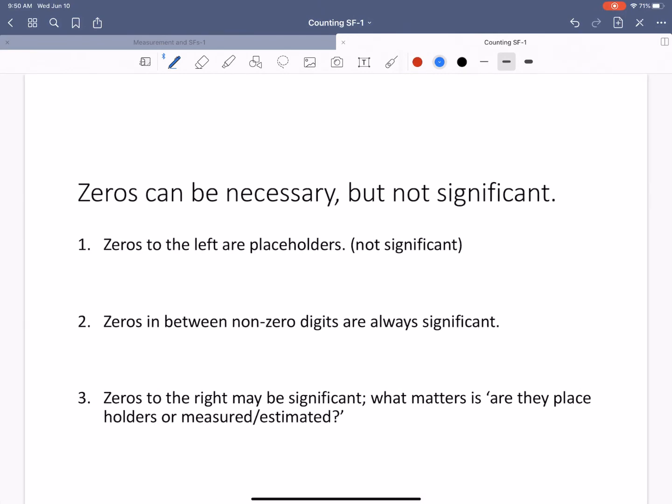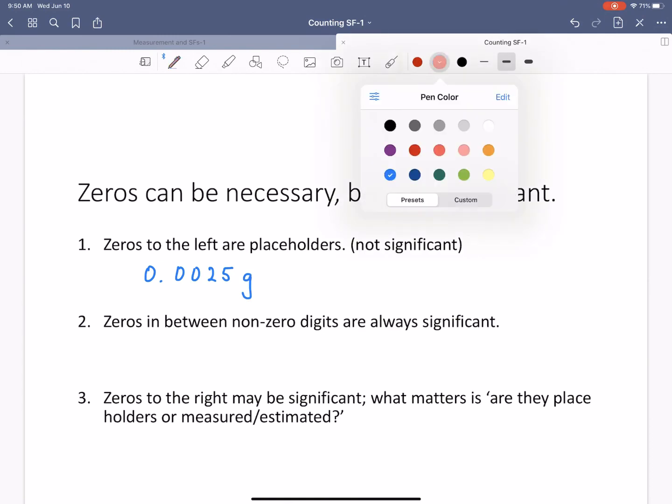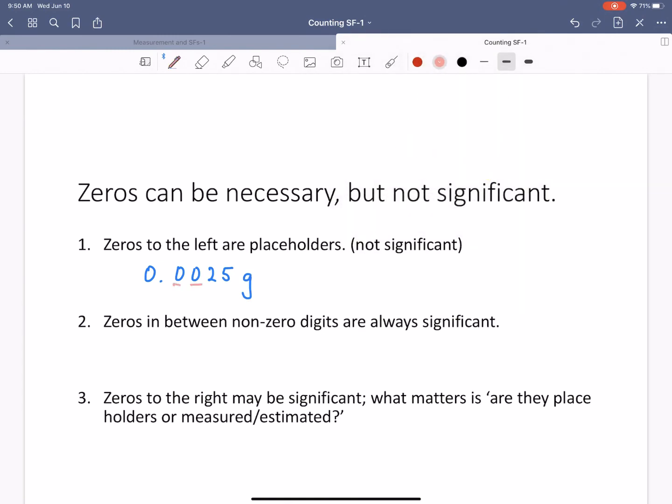So we need to talk more about those zeros. Zeros can be necessary, but not significant. Zeros to the left are placeholders. So if we measure something on a balance, and we got a value like this, these zeros are necessary as placeholders.